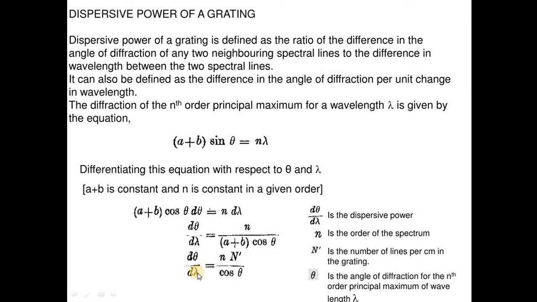Writing 1/(a + b) as N', I get d theta by d lambda = n N' / cos theta. This is the dispersive power. Small n is the order of the spectrum, and N' is the number of lines per centimeter of the grating. Theta is the angle of diffraction for the nth order principal maxima.